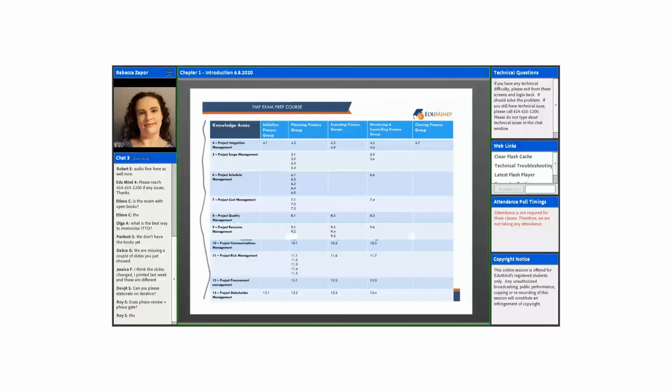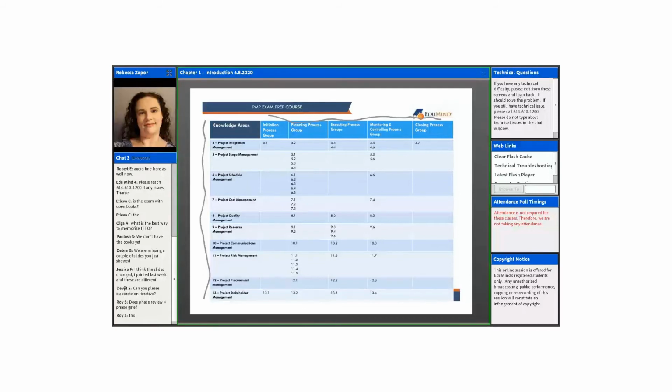So the knowledge areas are across the left column, and actually, let's do this. Your knowledge areas are here, down along this column, and then your process groups are across here. So you can see where each of them falls.